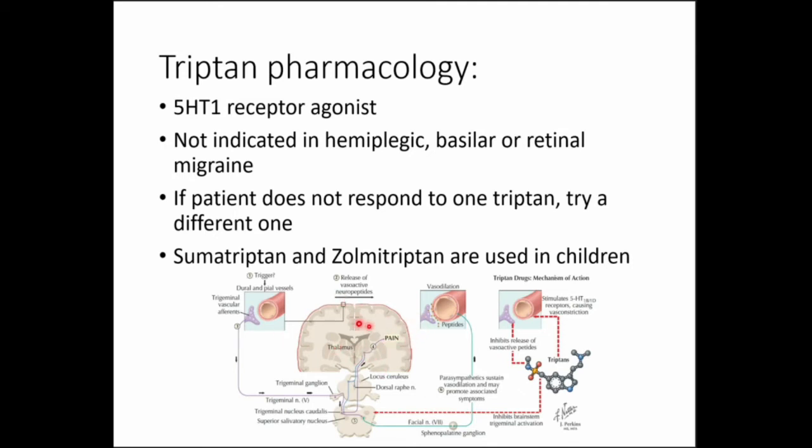So this combination of a trigger leading to the release of vasoactive neuropeptides, sensitization of the trigeminal nerve and trigeminal ganglion, along with vasodilation, leads to the migraine. By giving triptans, this stimulates the 5-HT1 receptor causing vasoconstriction, helping to really reduce the pathophysiological cause of the migraine.